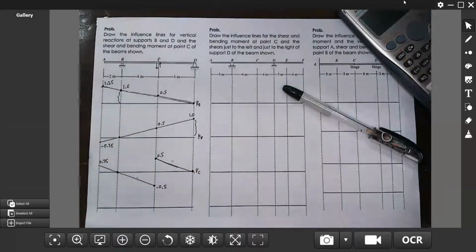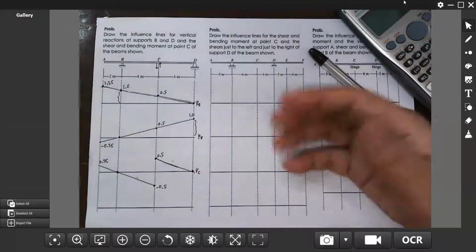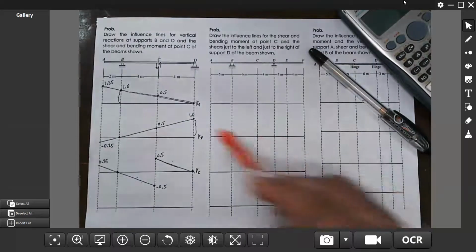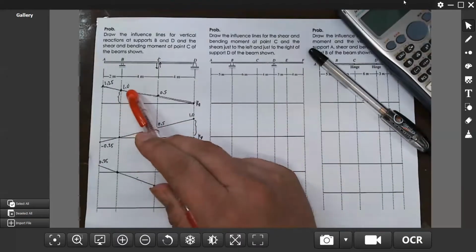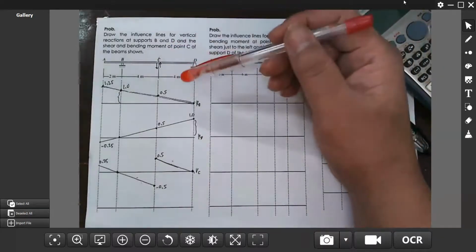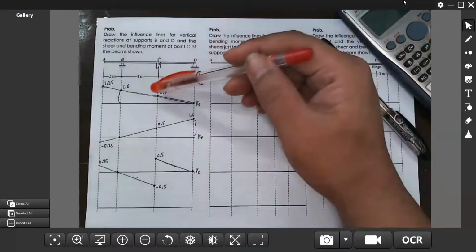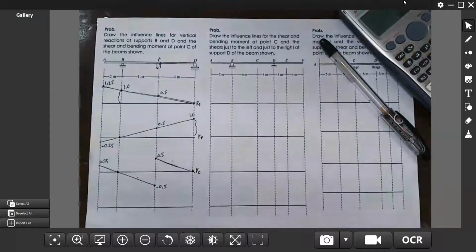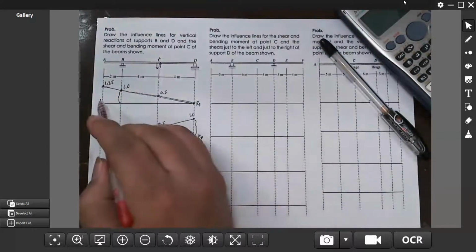Ako'y technique ani, my own style is this. Kung mangita ko shear, ang akong himuon nga reference is influence line sa left na support kani. Okay? Influence line niya. Ang sunod buhaton na ako, I will draw a line parallel ani 1 unit below.